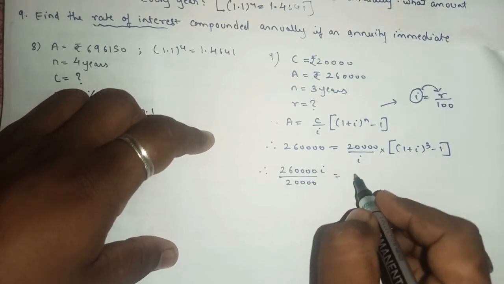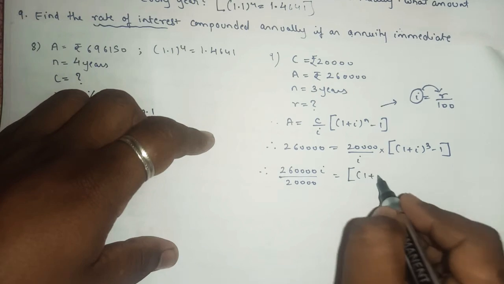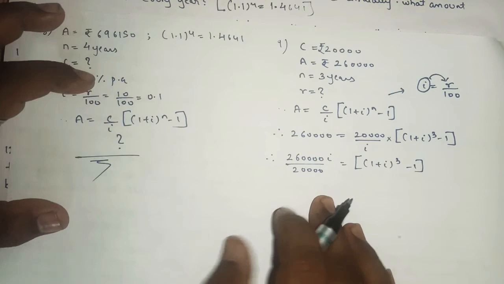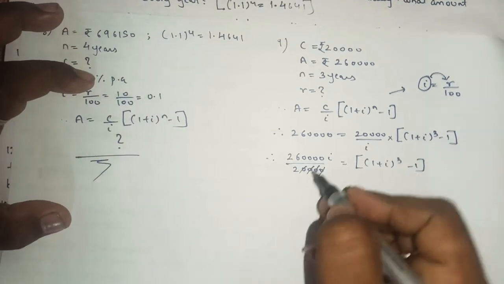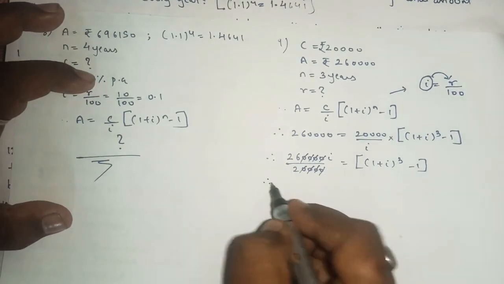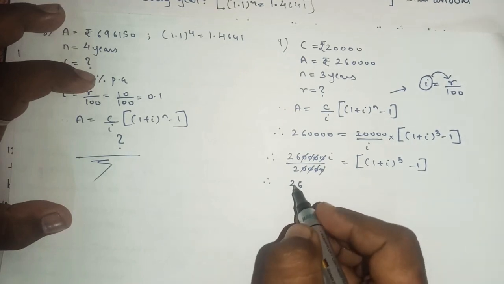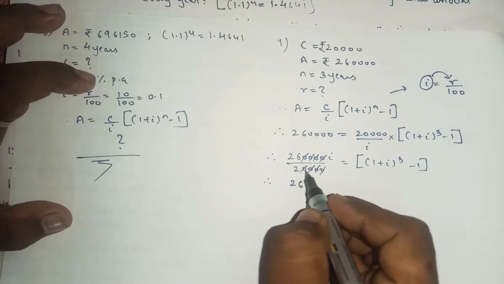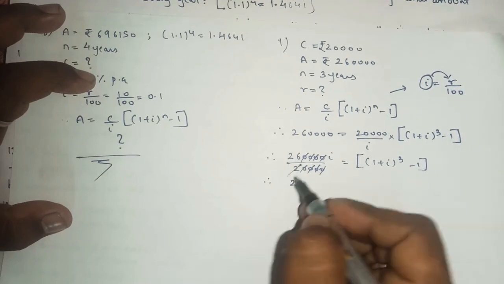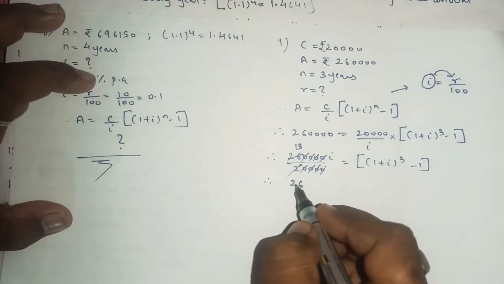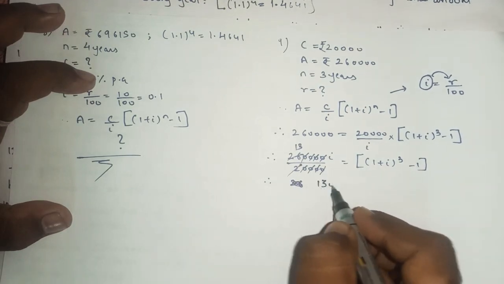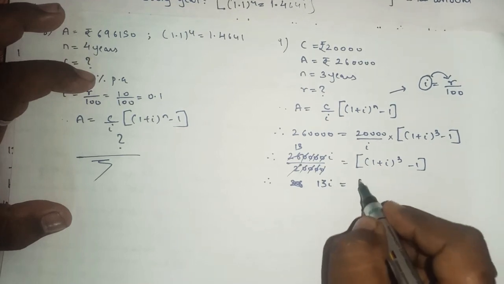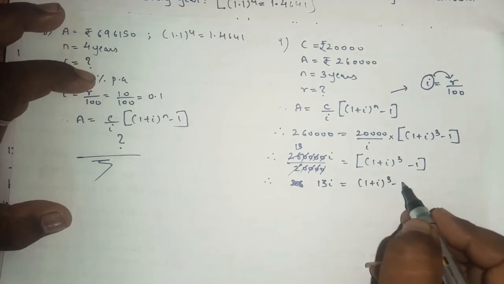So here we are left with 1 plus i the whole cube minus 1. Here 4 zeros will get cancelled, so we are left with 26 upon 2. If you want you can reduce this number: 2 ones are 2, 2 thirteens are 26. So directly we can write 13i, yes or no, equals 1 plus i the whole cube minus 1.